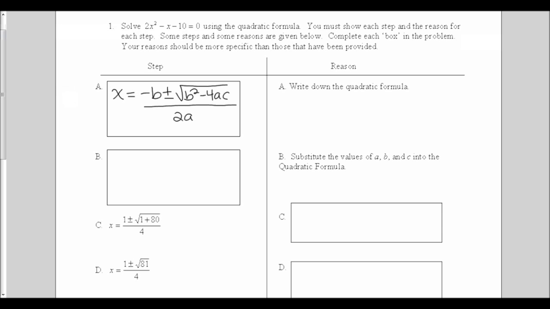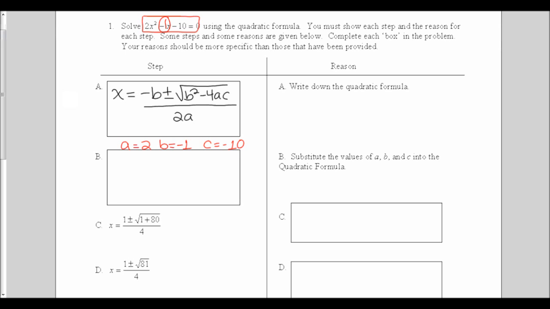Now I need to substitute the values of a, b, and c into the quadratic formula. So looking at my original equation up here, I should realize that a was equal to 2, b is equal to -1, because the coefficient of x, if I don't write a number in there, it would need to be a 1, and c is equal to -10.